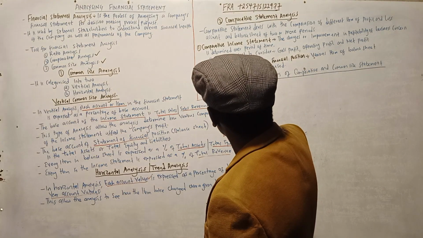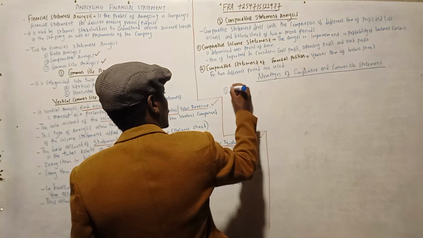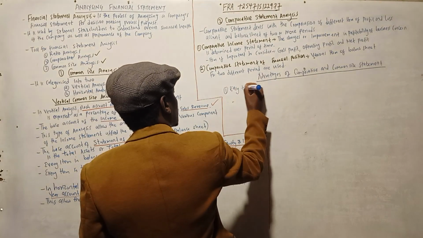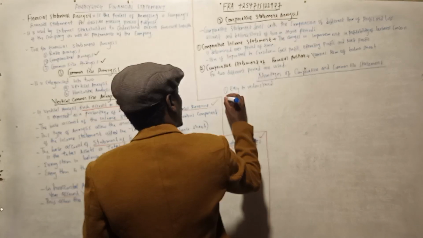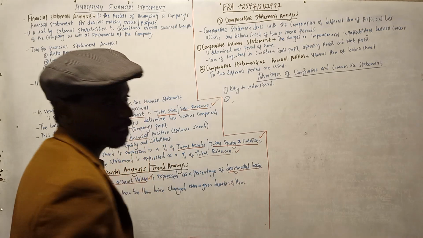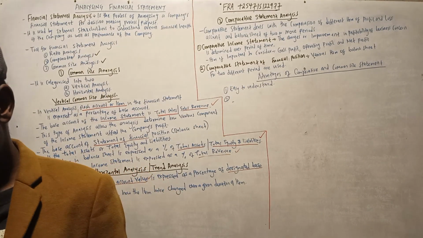Number one, the advantage is that it is easy to understand. This method is easy to understand, so you can easily formulate the information once you have the financial statements.